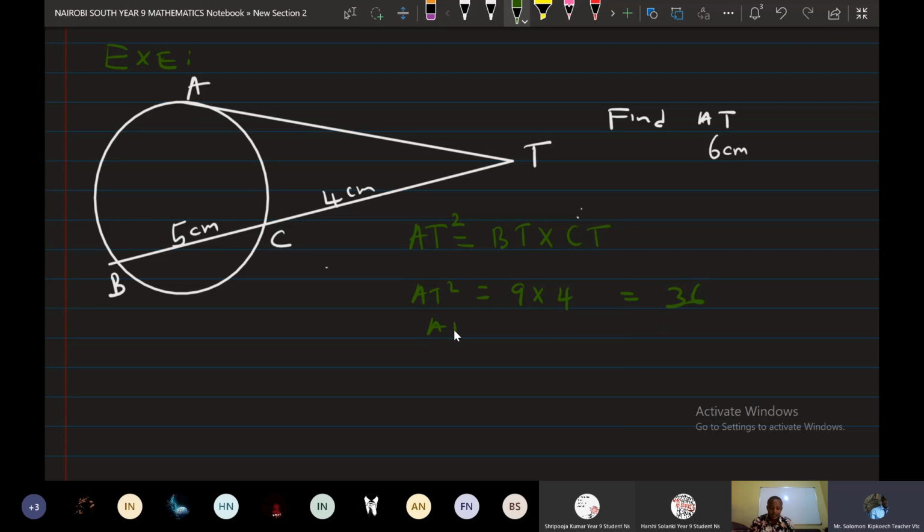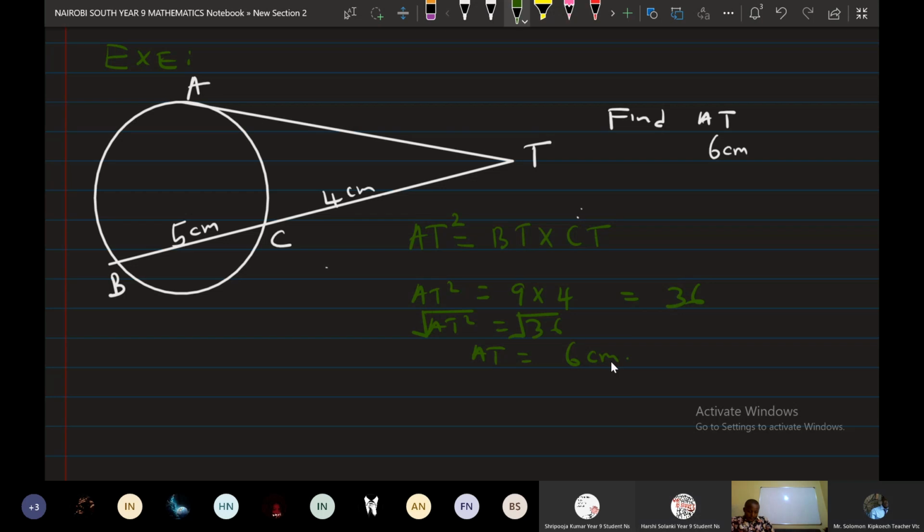So AT squared equals 36. How do you get AT alone? You square root both sides. So finally, AT equals 6 centimeters. And that is the answer. Arshi, are we together?